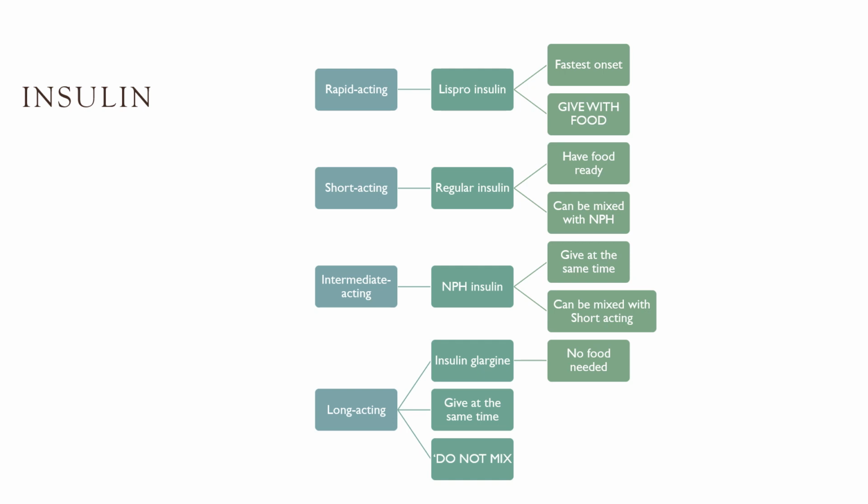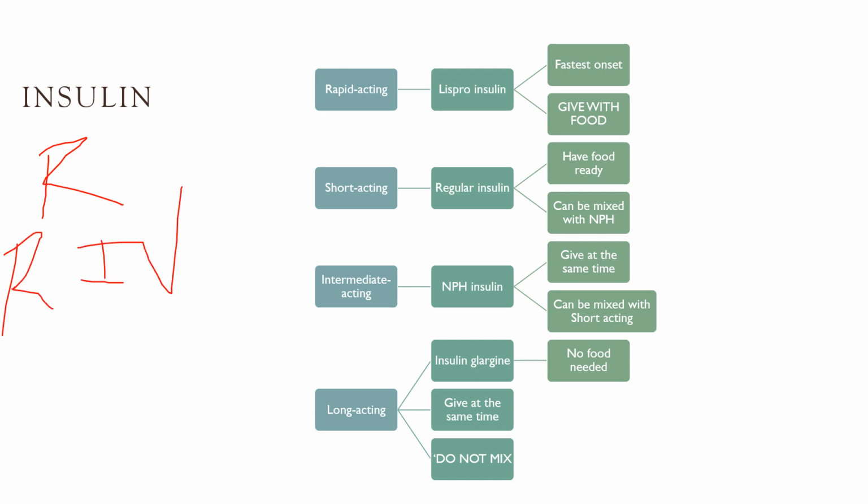Okay? We have our regular insulin. Again, it can be mixed with NPH, which is something that we'll be doing in the lab. Regular insulin is the only one that can be given right in an IV.